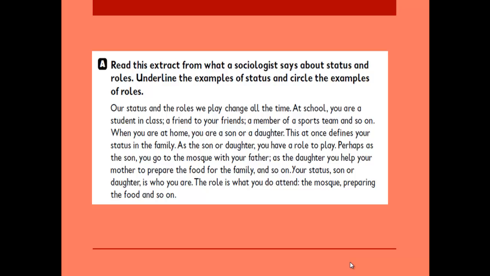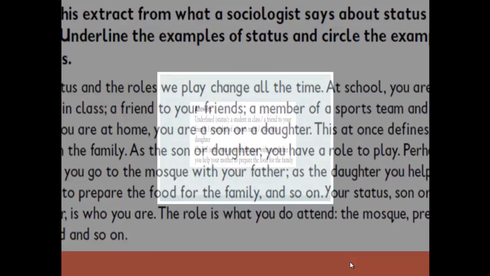This at once defines your status in the family. As the son or daughter, you have a role to play. Perhaps as the son you go to the mosque with your father. As the daughter, you help your mother to prepare the food for the family, and so on. Your status, son or daughter, is who you are. The role is what you do: attend the mosque, preparing the food, and so on.